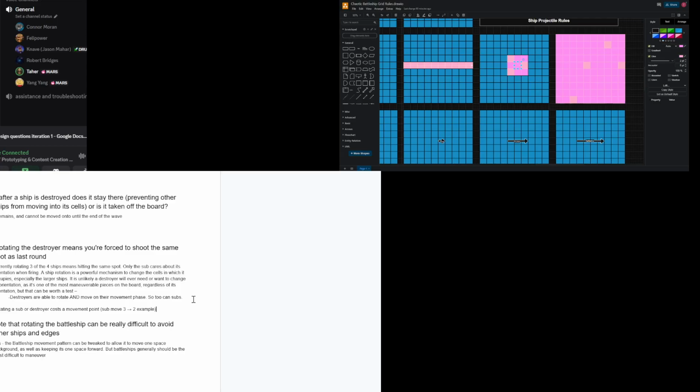If a section is hit, its total hit points decrement by 1. And if hit points drop to 0, the ship is destroyed and revealed. Okay? Yes. So this means that even if we hit the red area that we already hit before, twice or 3 times, that ship, depending on the life of that ship, gets destroyed. If it needs 3 times, you just need to hit the red spot 2 more times. Yes, exactly.